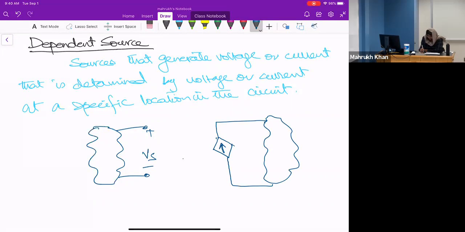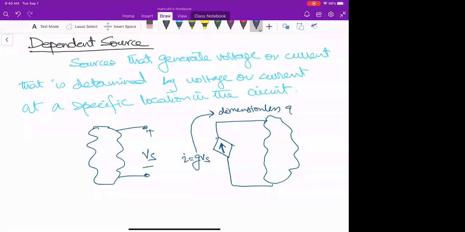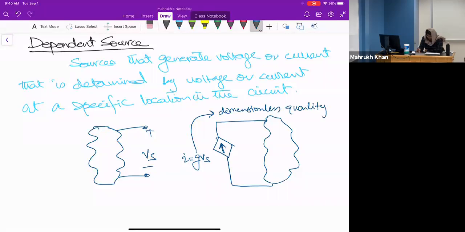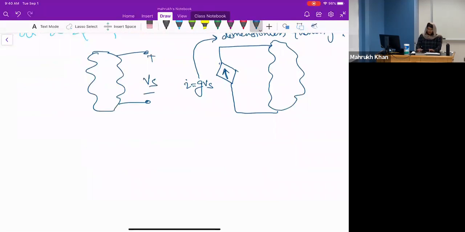So if this is Vs and this is a current source, it is dependent on Vs, where G is a dimensionless quantity. It can be amplitude booster or something like that. So this is the thing that I wanted to discuss, because you were seeing in many circuits something like diamond, and it was explained something like this. So it's actually the dependent source.